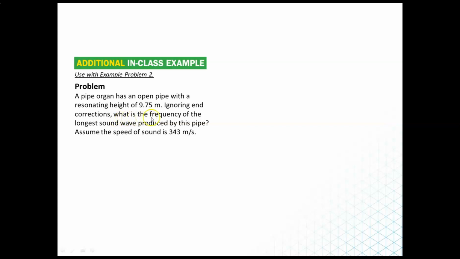Here they're asking what is the frequency of the longest sound wave, so the frequency is unknown. And then finally, I have the number 343 meters per second, and from the unit, I know that this is the speed of the sound. So now let me put the givens.